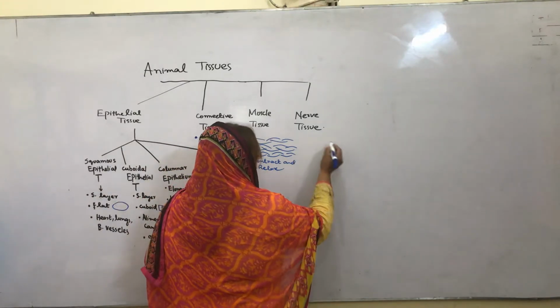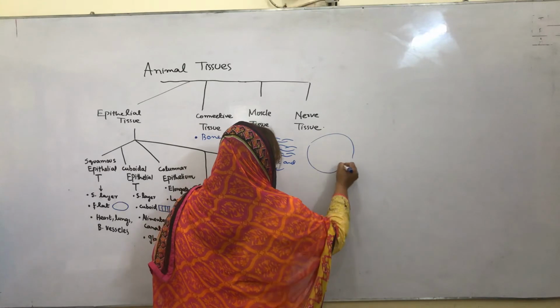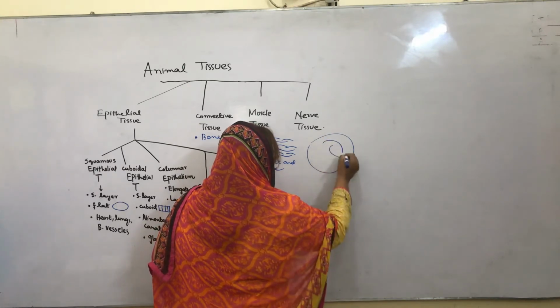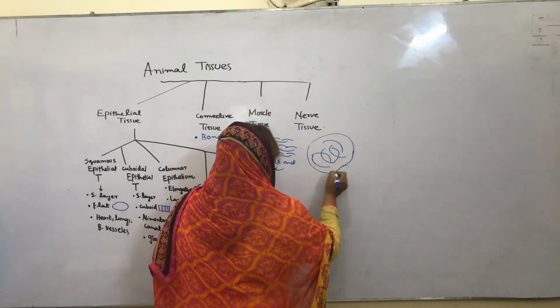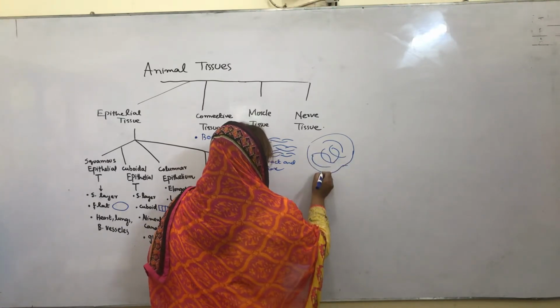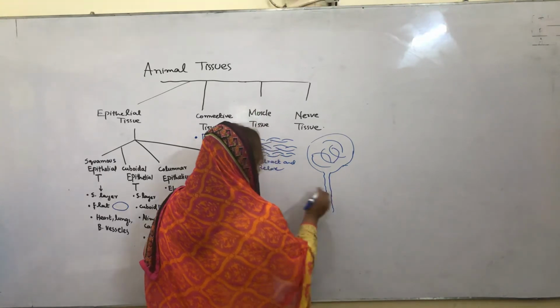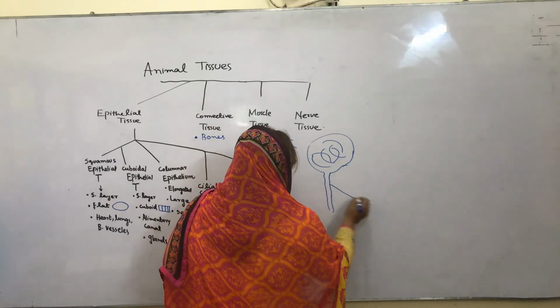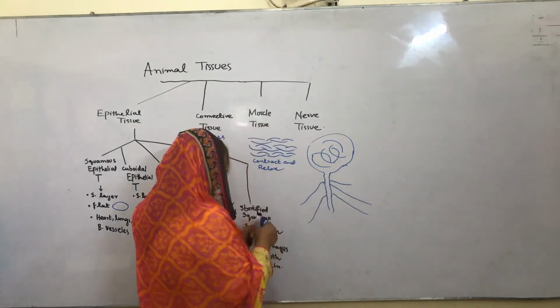Nerve tissues, as I have told you, we have a brain, and from the brain the spinal cord arises, and from the spinal cord the nerves arise.